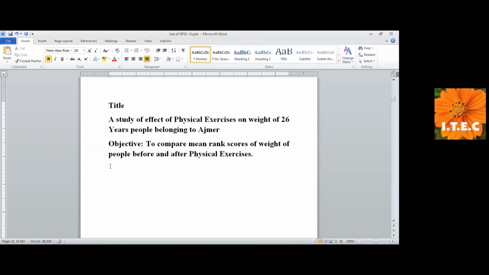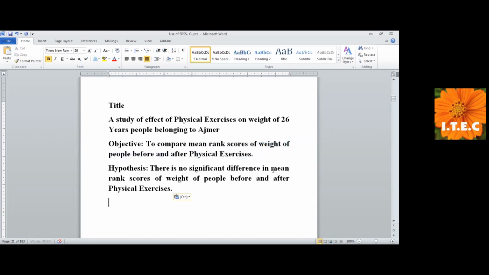So here the hypothesis is that there is no significant difference in the mean rank score of weight of people before and after the physical exercise.